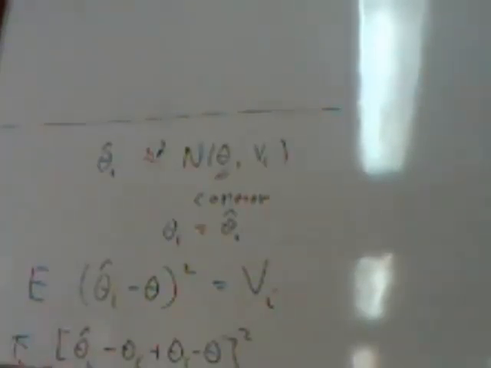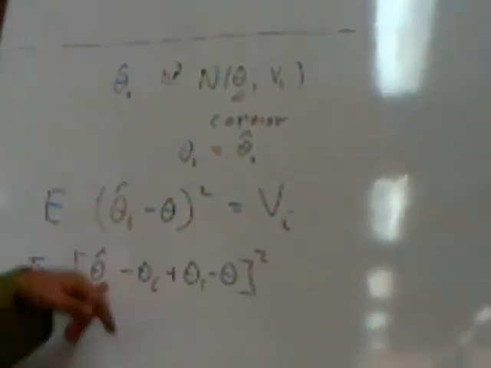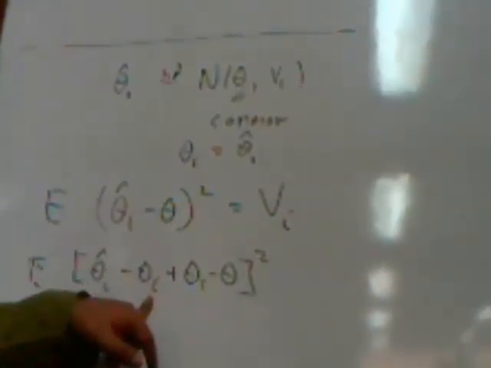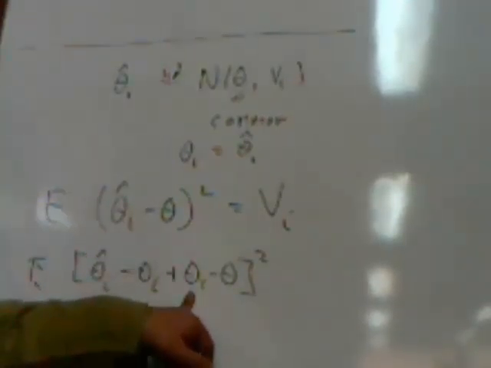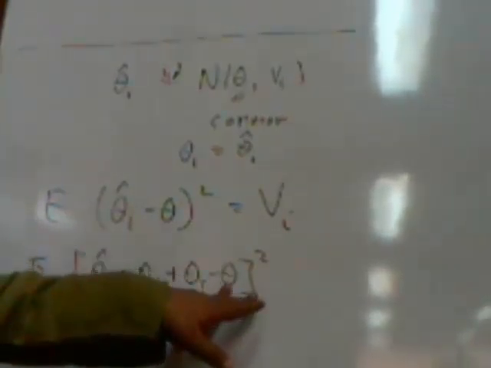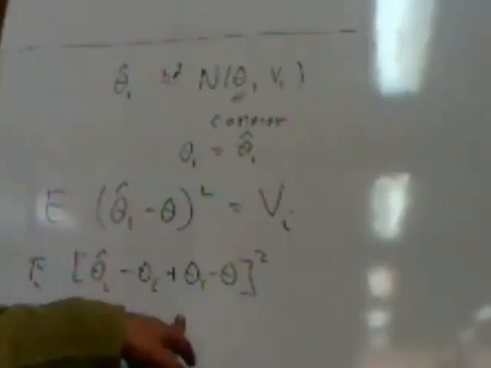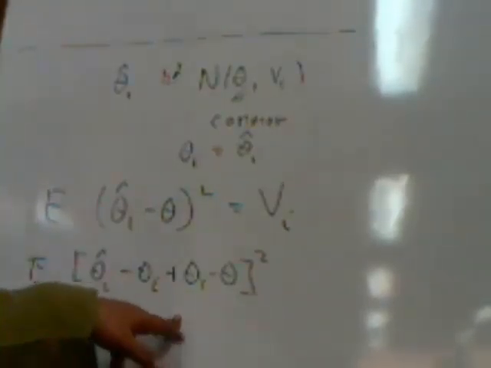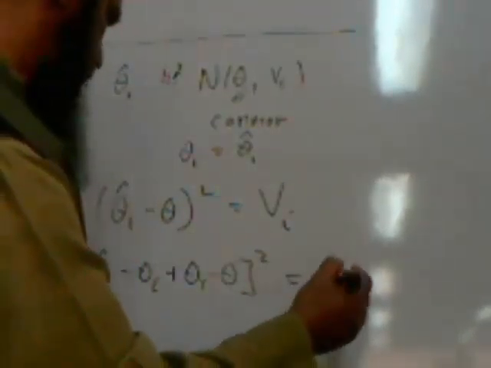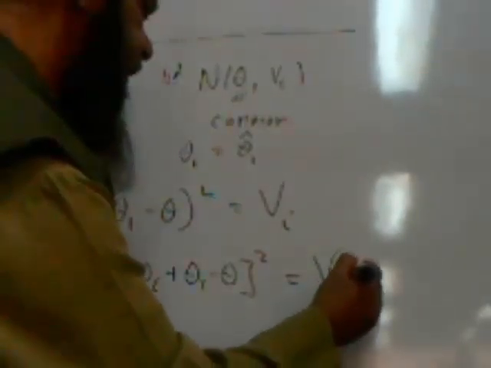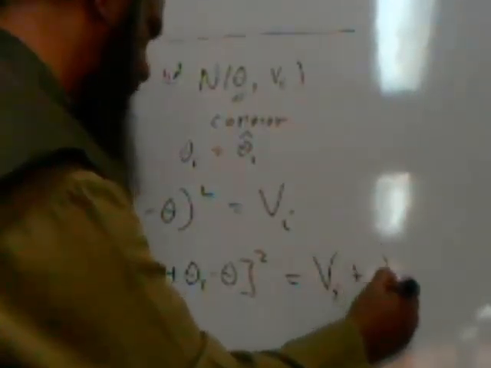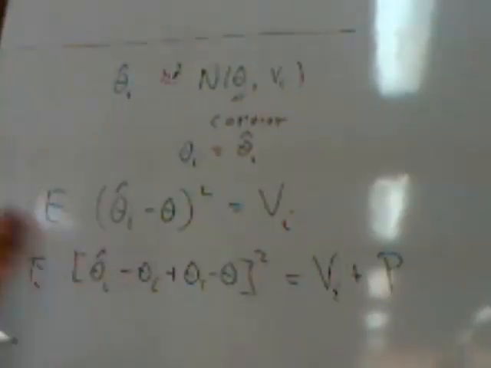And now it turns out that if you expand this, you will get theta hat I minus theta I squared, which is the data variance of theta hat I around theta I, its own mean, and then the variance of theta I around the common mean of the thetas, which is the standard empirical Bayes methodology, and the cross term will cancel. So this will be equal to Vi, which is the data variance, plus P, which is the prior variance.